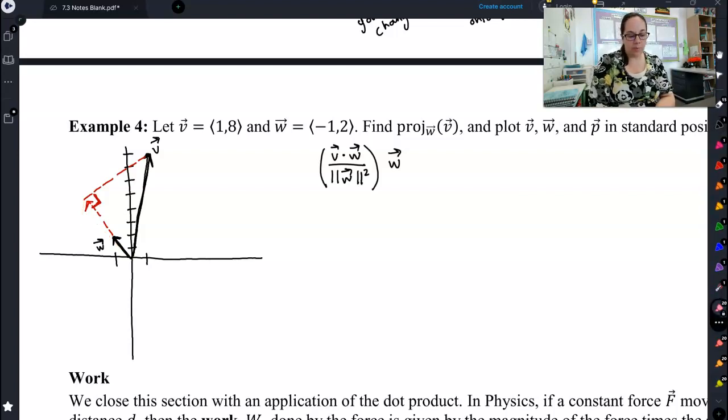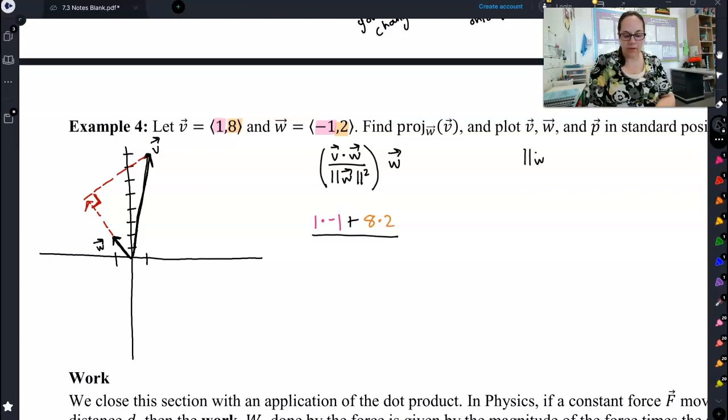So let's start with the dot product. I have 1 times -1 plus 8 times 2 divided by, let's find the magnitude of w. So that's going to be -1 squared plus 2 squared, which is 1 plus 4, which is the square root of 5.